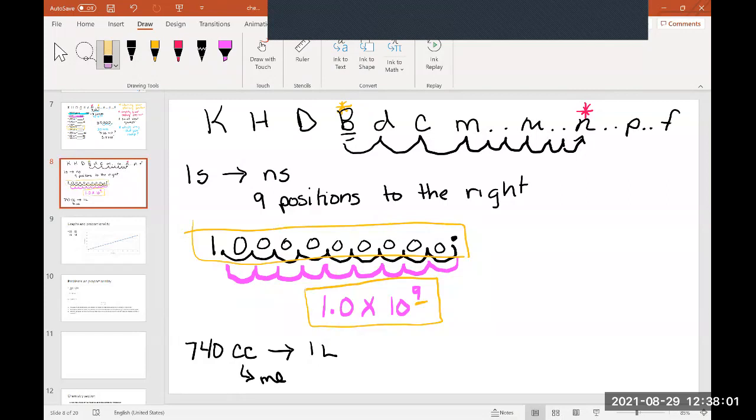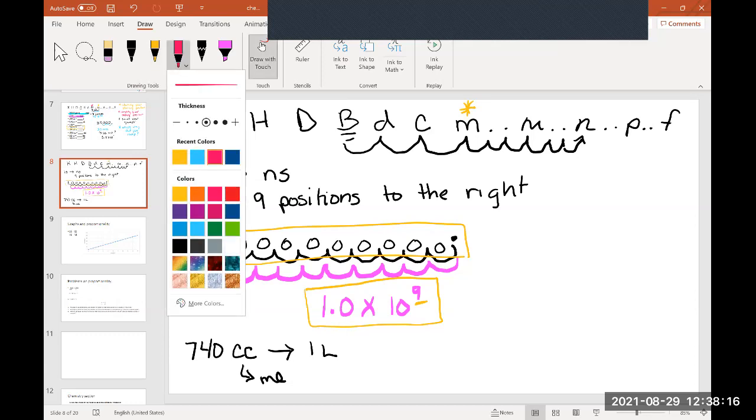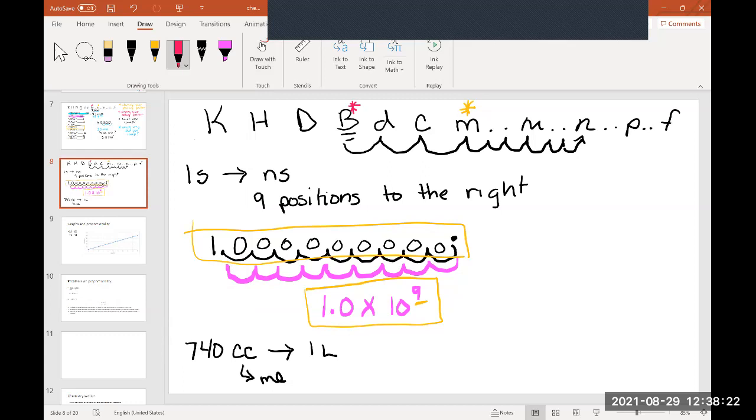So our first task is to identify milliliter. There it is. Our next task is to identify our stopping point, our finishing position. And that's our base unit of liter.